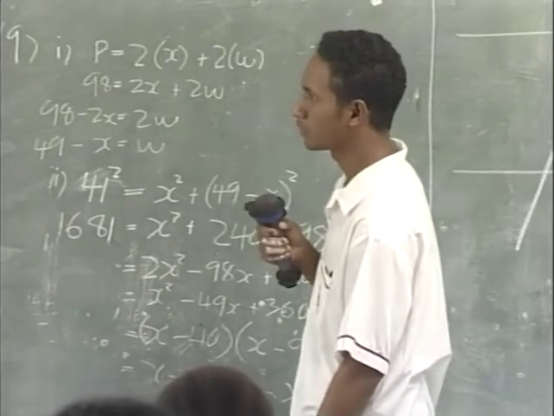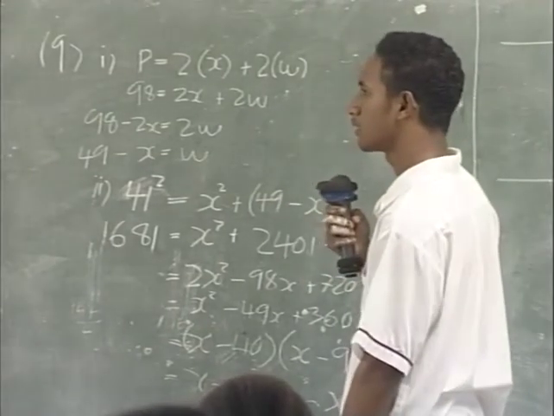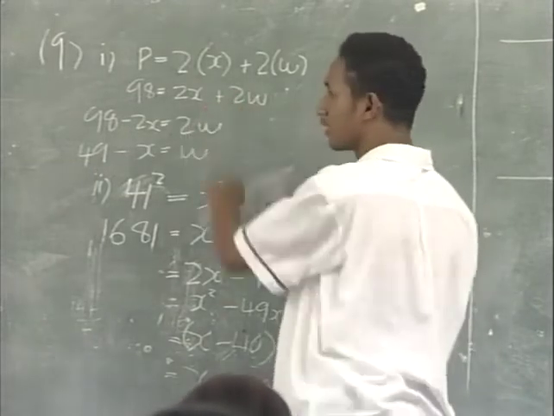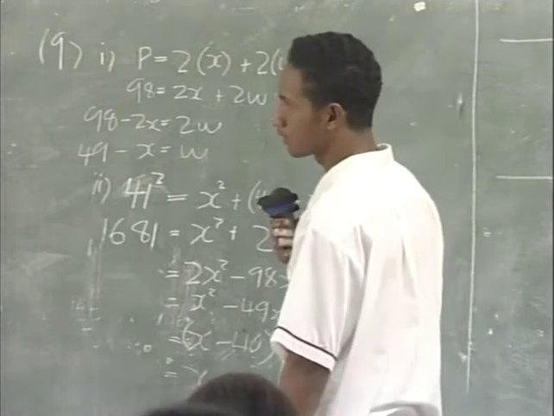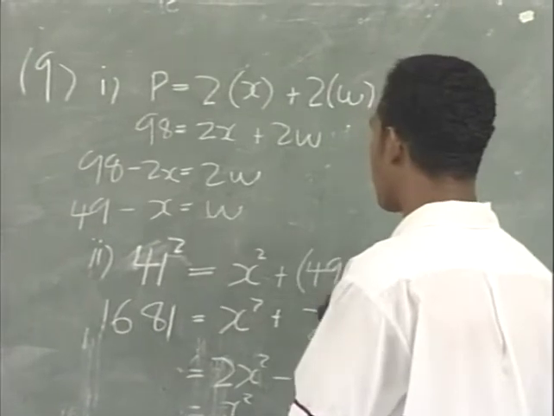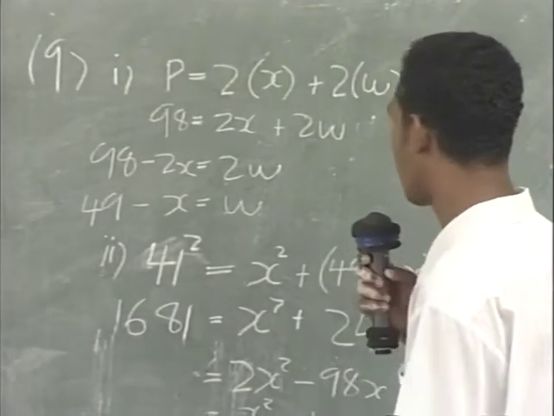A rectangle has a perimeter of 98 centimeters. Given that the length of the rectangle is x, so I replace length with x. Write an expression in terms of x for the width of the rectangle. So perimeter equals 2 times x plus 2 times width.